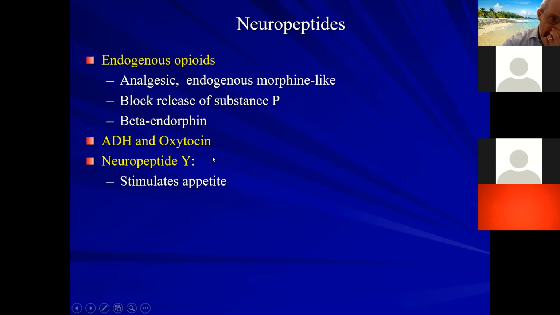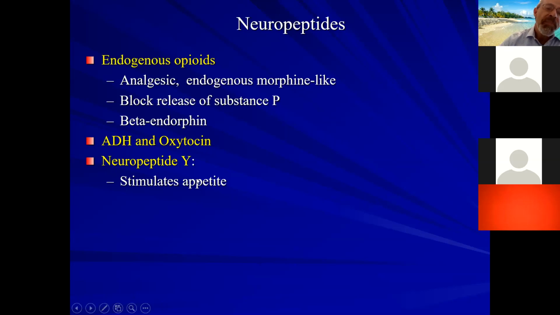These are a couple different hormones that are produced in the hypothalamus. And we'll talk about these more when we go to the endocrine system, but many of you have heard of oxytocin. It stimulates smooth muscle contraction, primarily in the uterus during childbirth. ADH is a hormone that promotes water uptake when we're in a dehydrated state.